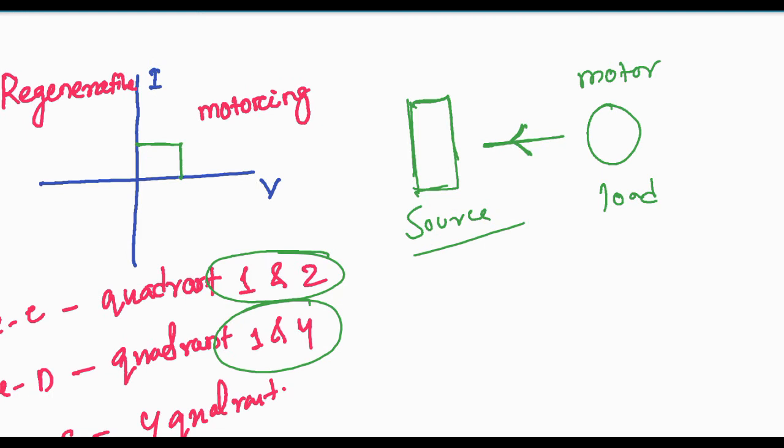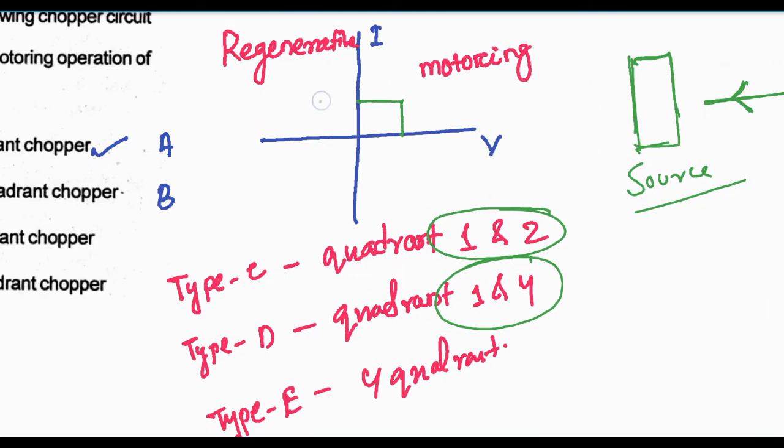That means back EMF will be higher than the source voltage, and in that condition the load provides voltage to the source. So in case of second quadrant chopper, this is the regenerative quadrant. That means power flow is from load to source. That is why here voltage is negative but current is positive.